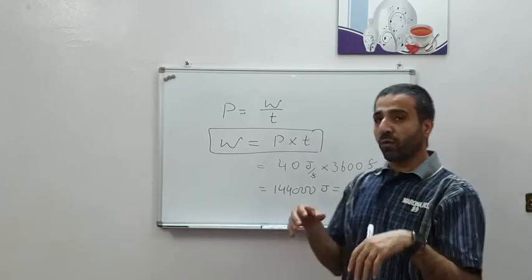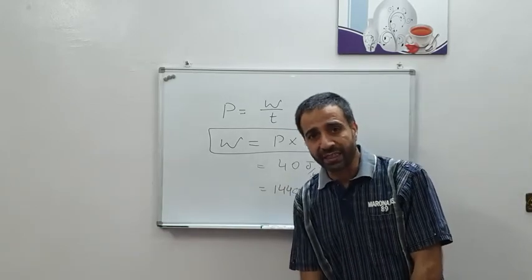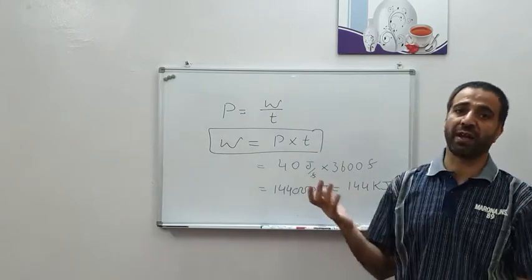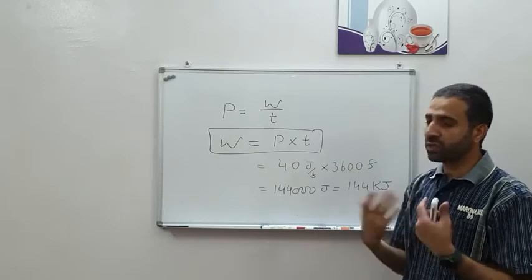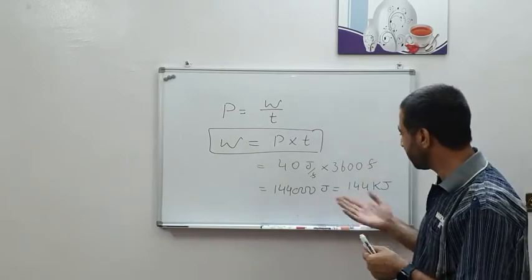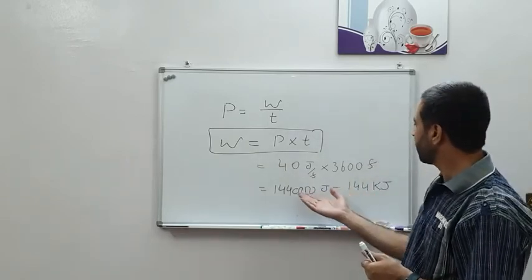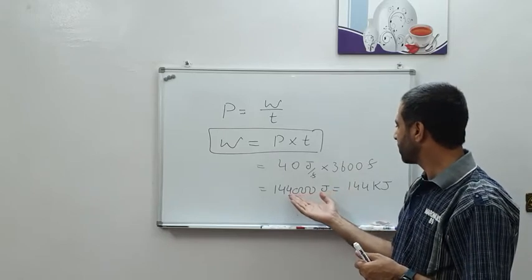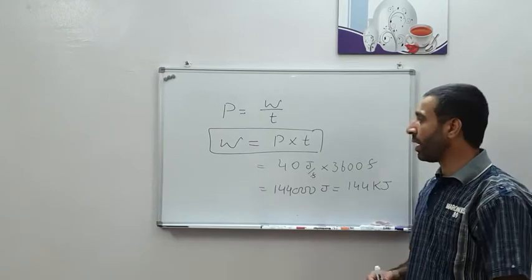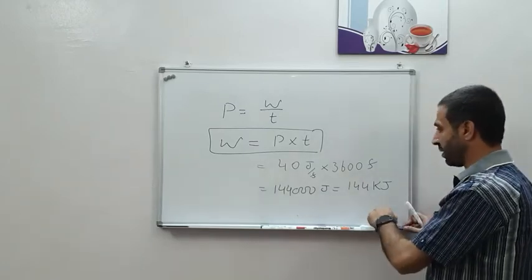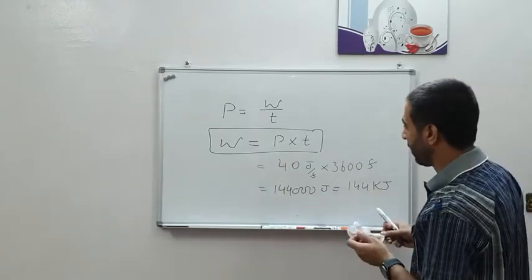So that is 144 kilojoule of electrical energy is converted into light energy in 1 hour by using your bulb. Let me check the calculation, is it? Yes. So this is how we can calculate the power of this thing.